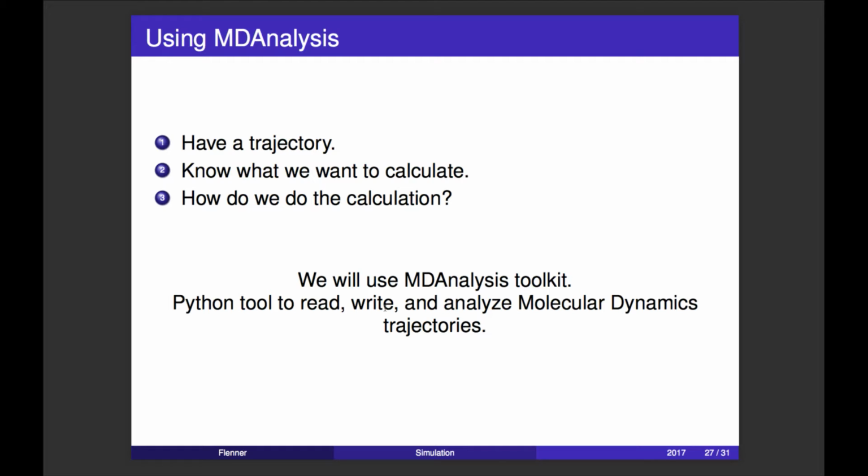So how do we do these calculations? There are many different ways to do it, but here I'm going to show you some examples of using the MDAnalysis toolkit, which is a Python tool to read, write, and analyze molecular dynamics trajectories.